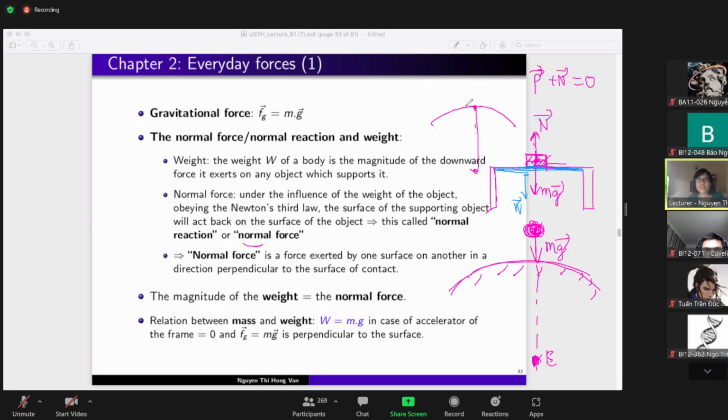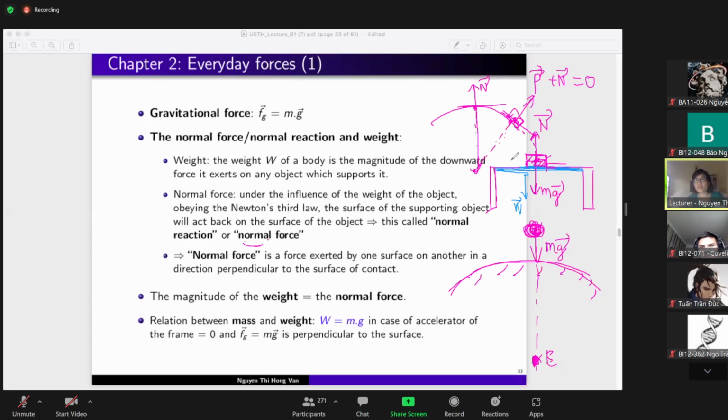In this case, the surface has a direction tangent to the curve, and the normal force is like this, in the radius direction. How about this? If the body is here, the surface here, the normal force is like this, all the way perpendicular to the direction of the surface, or along a radius like this. That is why the name is normal.